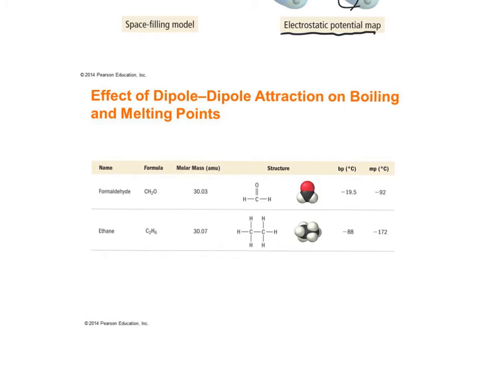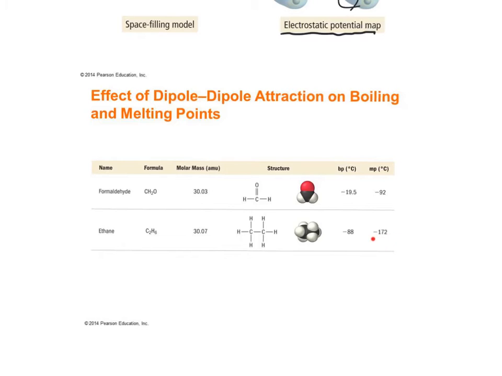Here's ethane. Ethane is a gas, and so is formaldehyde when it's in its pure form. But if we look at them in their liquid forms, liquid formaldehyde has a boiling point of minus 19.5 and a melting point of minus 92. But compare those to these. This is much lower.